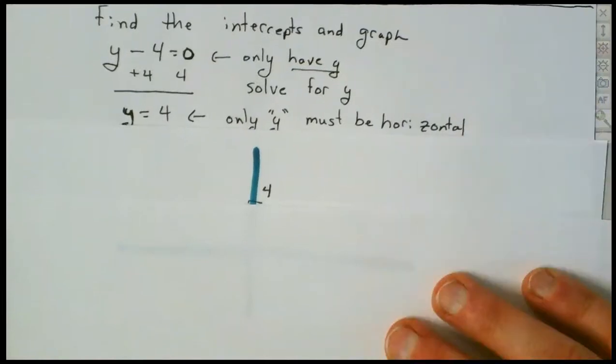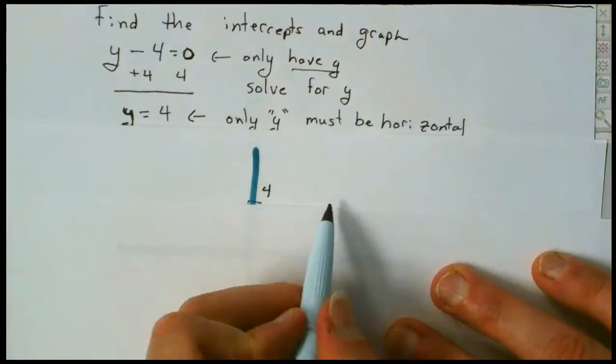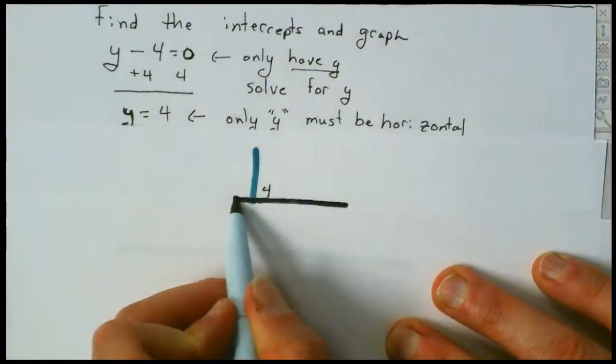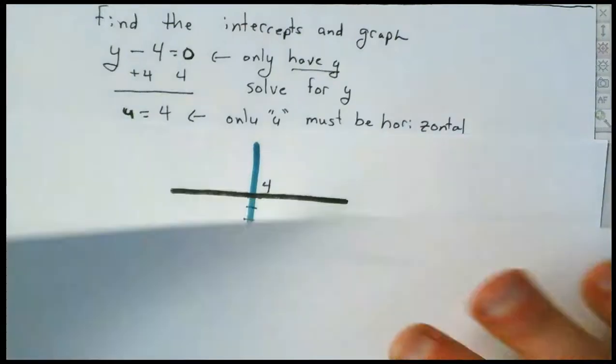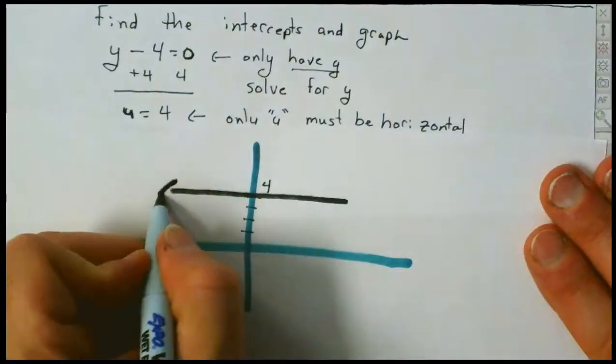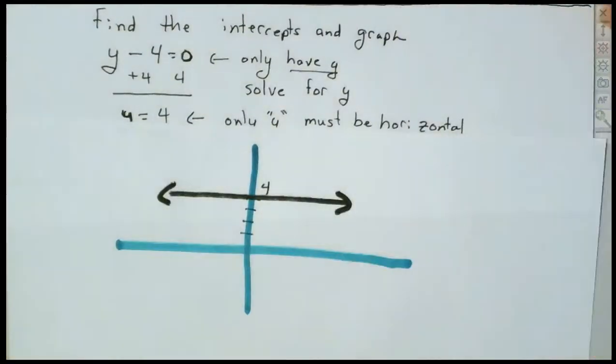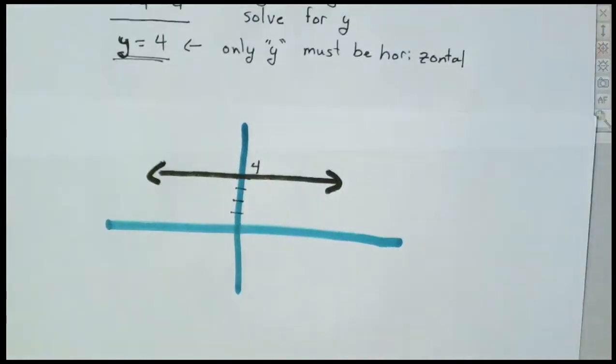It's going to look like this. A horizontal line like that. So there's our graph.